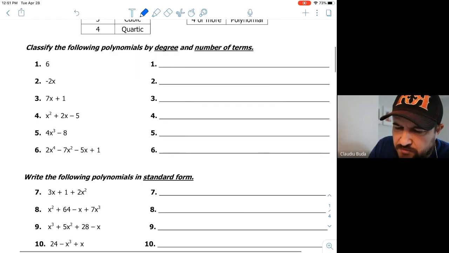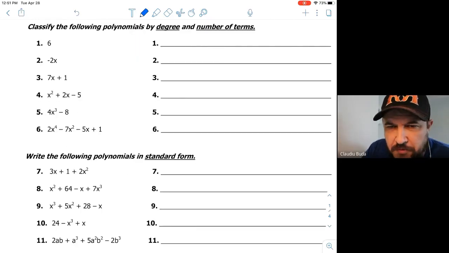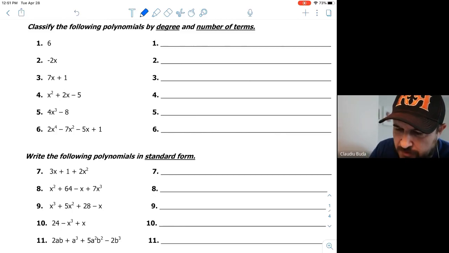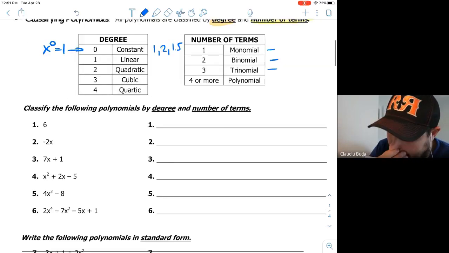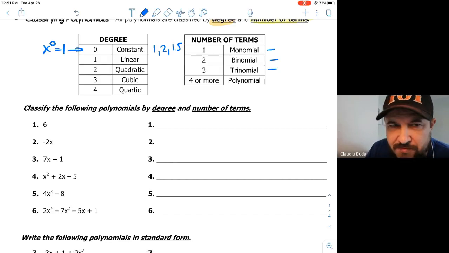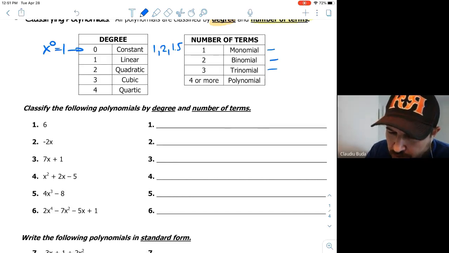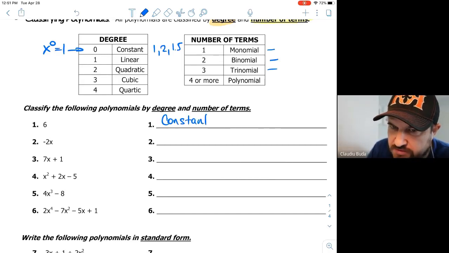Okay, so let's look at some examples. Let's classify the following polynomials by degree and number of terms. So by degree first. The first one, if we look at the tables that we have, what do we notice? The first one is just a number, so that is a constant. Yeah, constant.